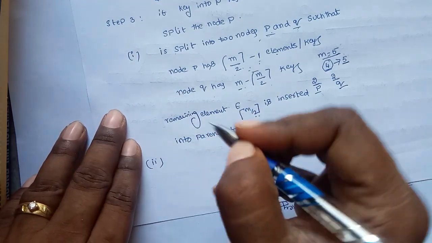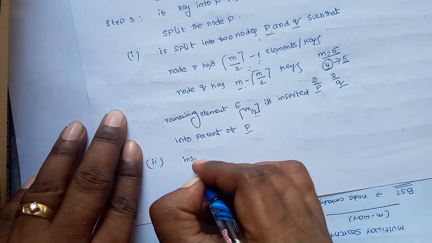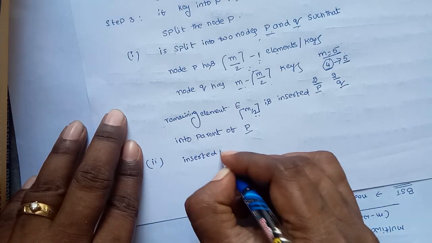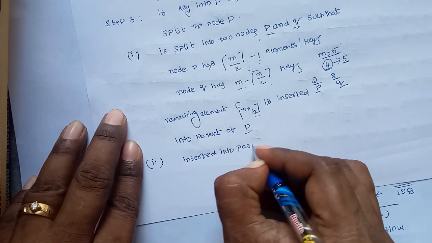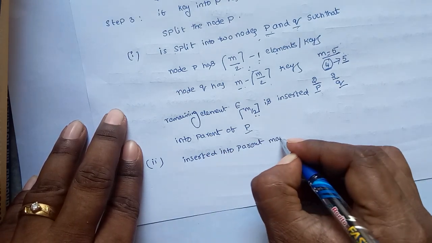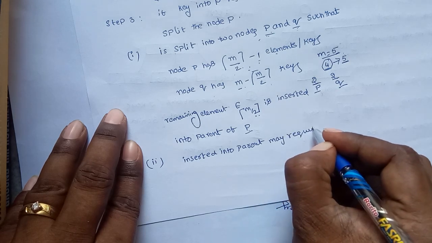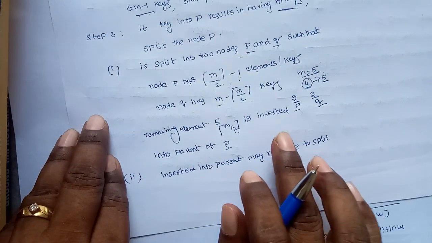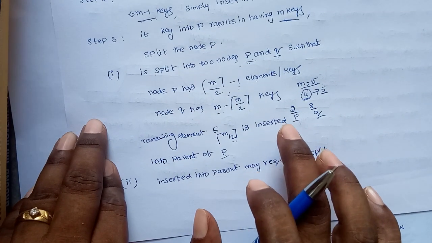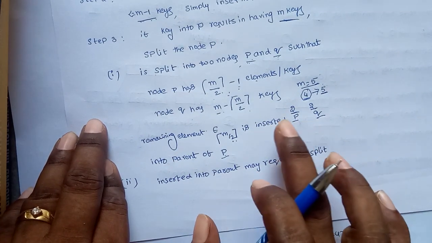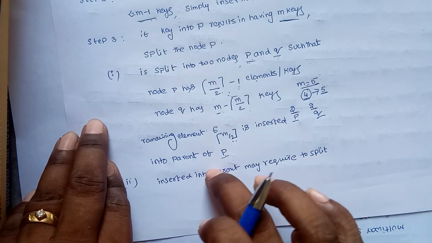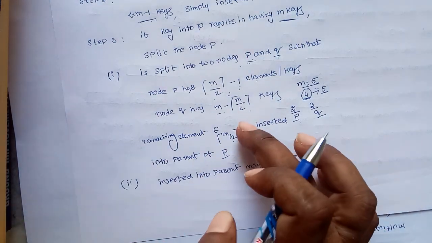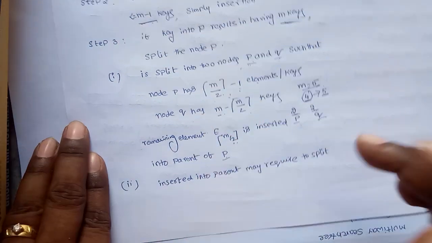Suppose this key is inserted into the parent; it may require splitting. Suppose the parent can also store a maximum of 4 keys. If the parent already contains 4 keys, then by insertion the parent now contains 5 keys.